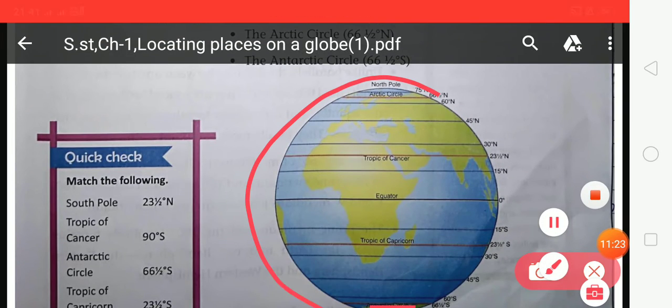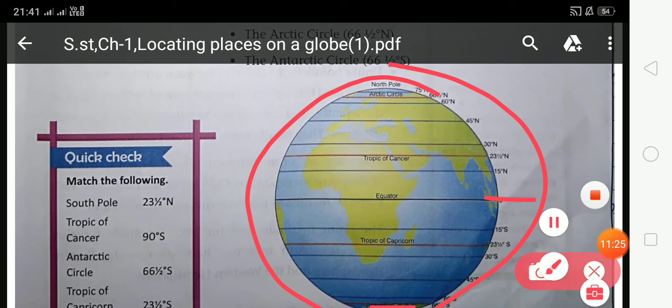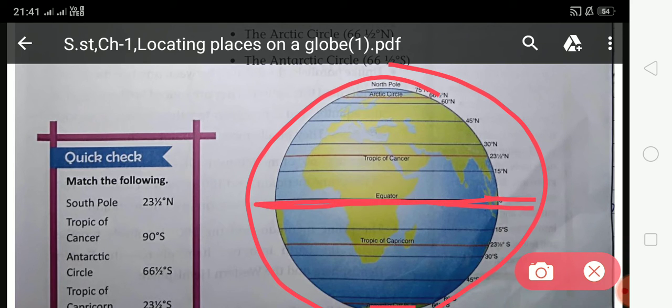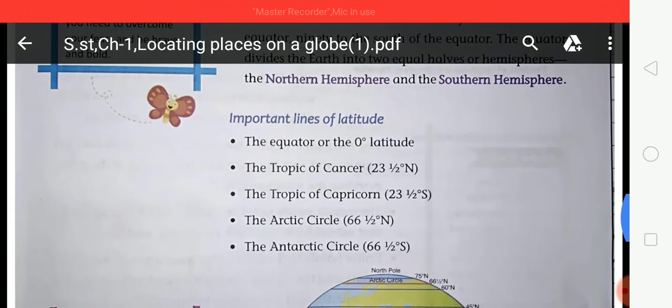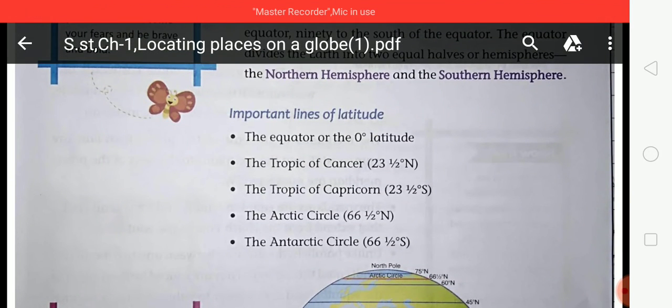This is the equator and it divides the earth into two halves. The first one is the northern hemisphere and the bottom is the southern hemisphere. So students, the equator divides the earth into two hemispheres, northern and southern.